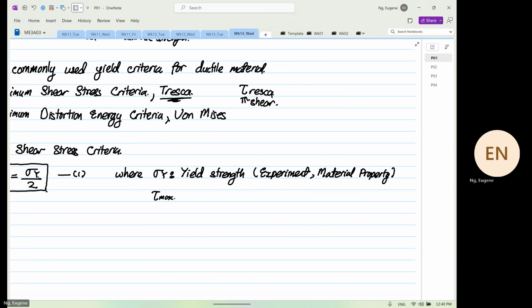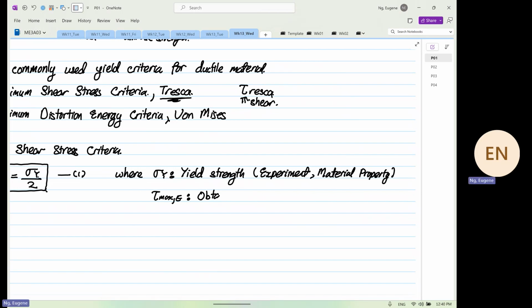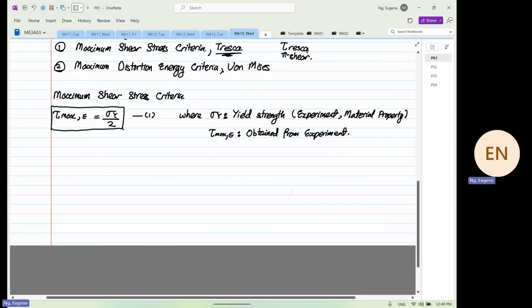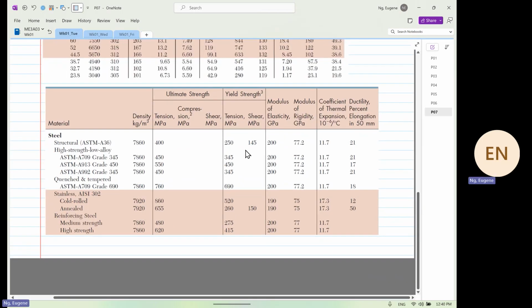The E is obtained from experiment. So whenever you see anything that says yield or ultimate, it's all from what? Experiment.